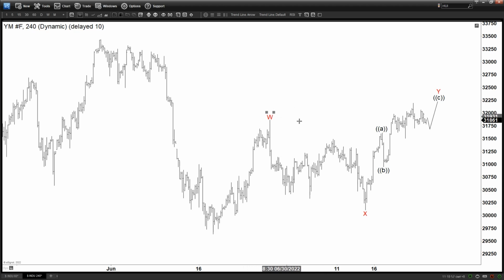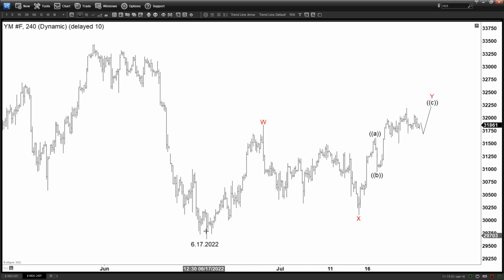So we are looking at the rally that started from this low, which is June 17, right here. From June 17, we got this WXY structure on the upside, and once it reaches the target on the upside here, we can measure it using the Fibonacci as always.